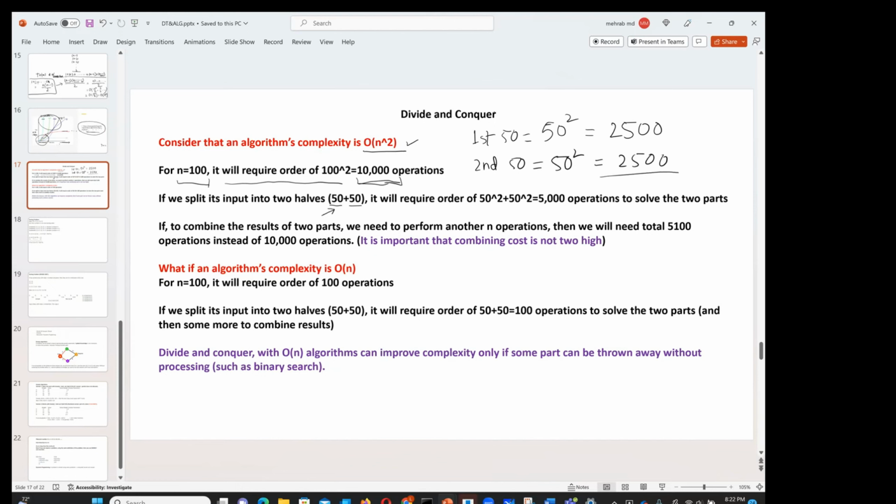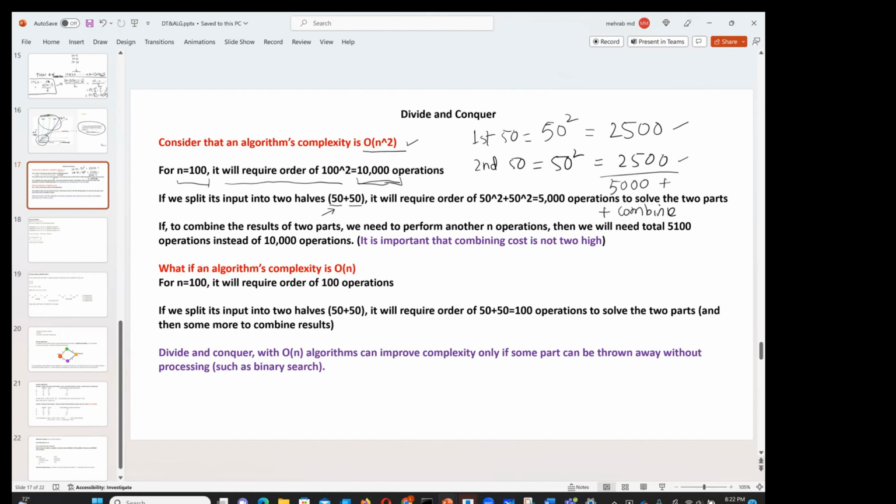So in total, how many operations are you doing? 5,000, right? Now you are not done because you have solved half of the problem here and half of the problem here. Now to solve the whole problem, what do you have to do? You have to combine the two results, right? So 5,000, and now I have to combine the results.